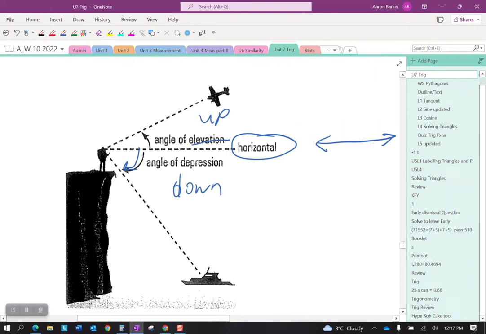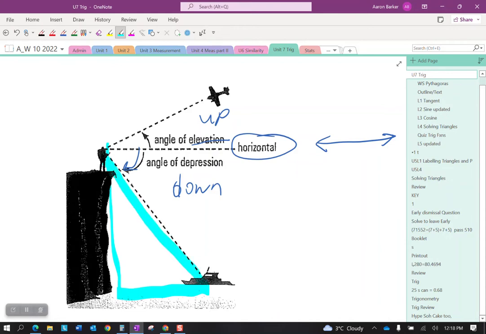Okay. From here, you can create several triangles. So you can create this triangle right here that goes straight down the cliff to the boat and then back up. You can also create this triangle, and this angle of depression is outside your triangle, so to get inside your triangle, you're going to take 90 degrees and minus the angle that's given.